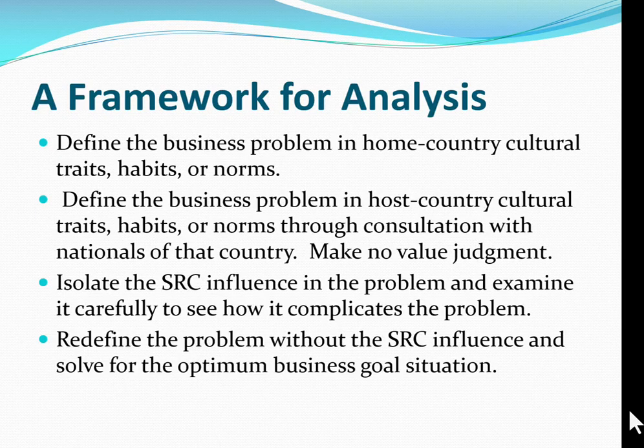Then isolate the SRC, or self reference criterion, influence in the problem and examine it carefully to see how it complicates the problem. So it's the bias from our culture, and you say, well, we don't eat sea urchin, and no, we don't eat snake, right?